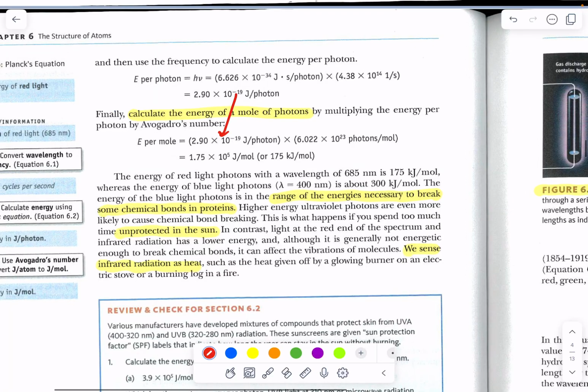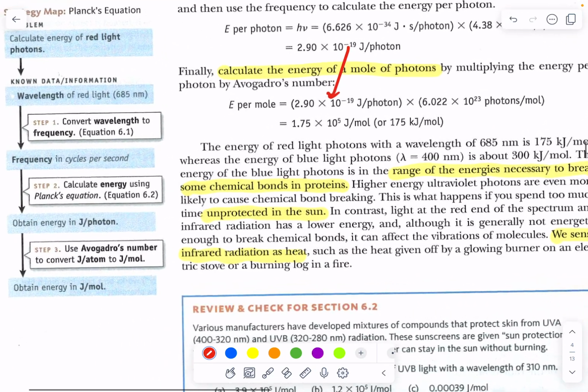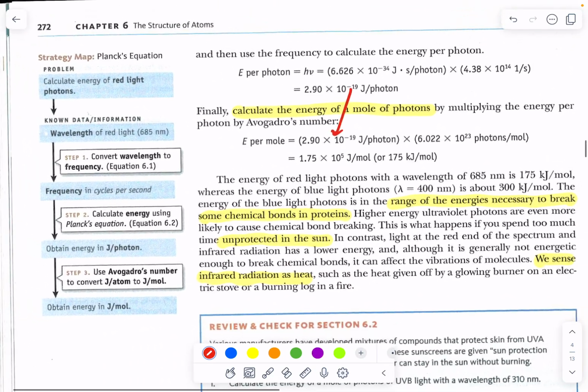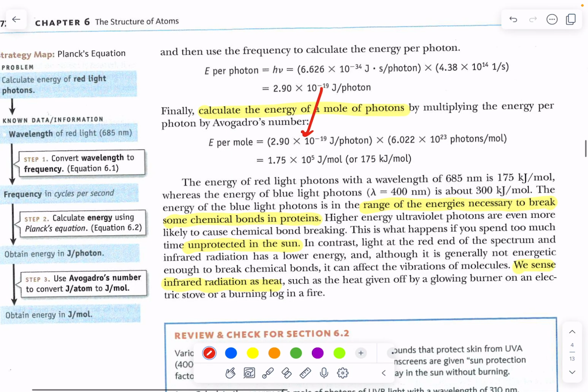We can talk about the energy per photon simply by knowing Planck's constant and its frequency. We can calculate the energy of that particular photon. And as you might expect, it's a very, very low energy. You can see that that's 10 to the minus 19th joules per photon.